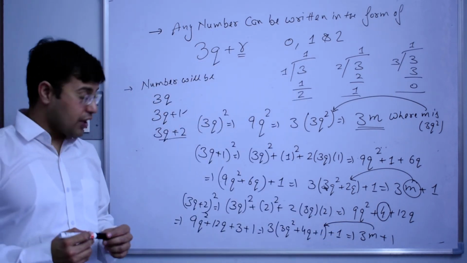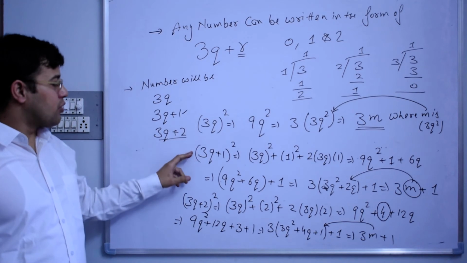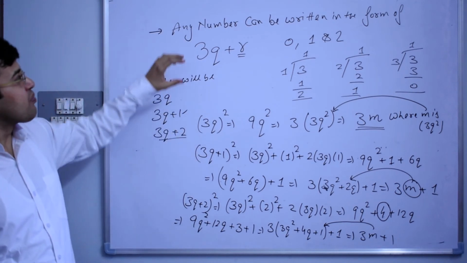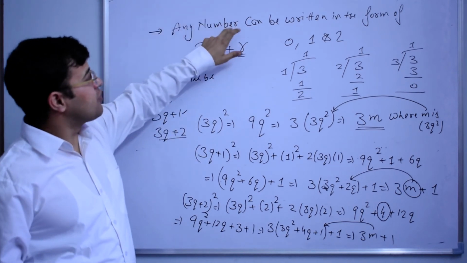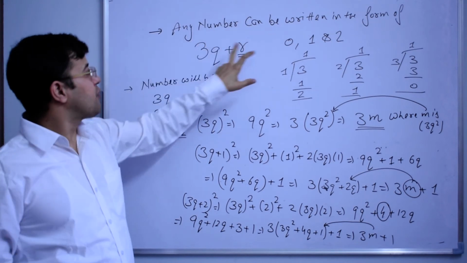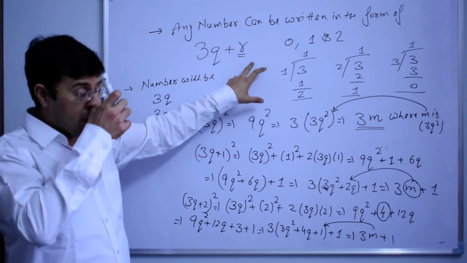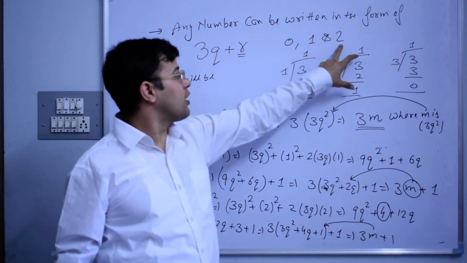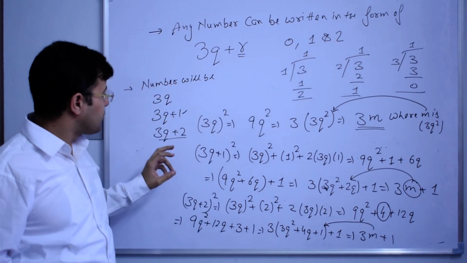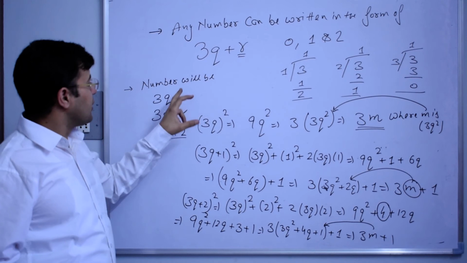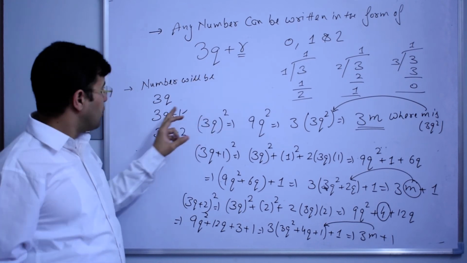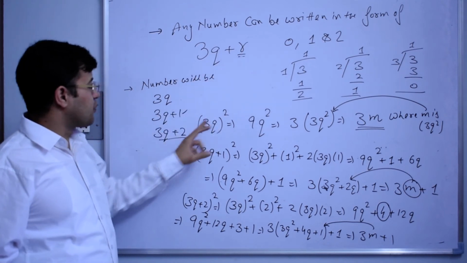Right. So it is a very important question, and this is how you are going to solve it. First of all, you will write that by Euclid's Division Lemma, any number can be written in the form of 3q plus r. Then you will write down the possible values as 0, 1 and 2, because these are the possible remainders. Then you will write the number will be 3q, that is 3q plus 0, 3q plus 1 and 3q plus 2.